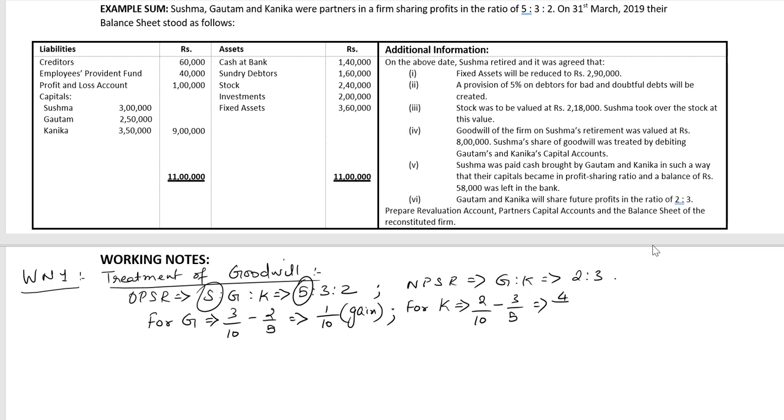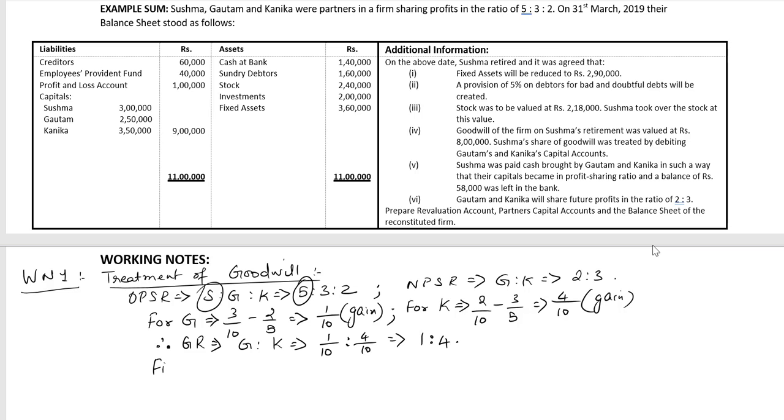It's a negative 4 divided by 10. Kanika also gains. Hence, the gaining ratio between Gautam and Kanika is equal to 1 by 10 is to 4 by 10, or in other words 1 is to 4.